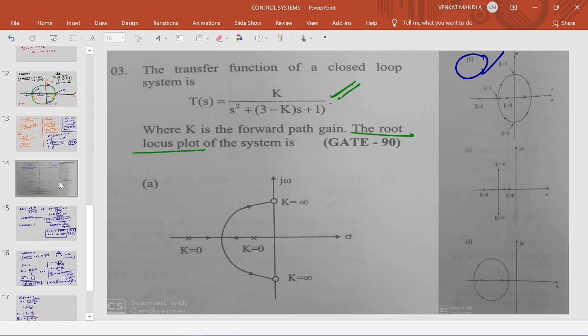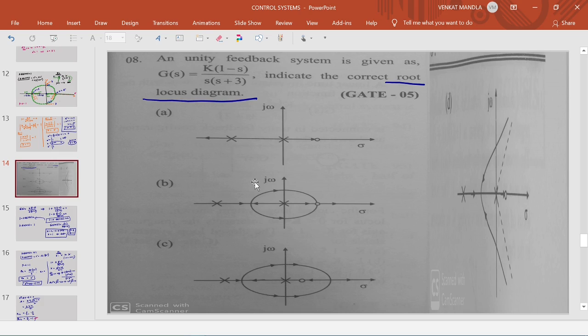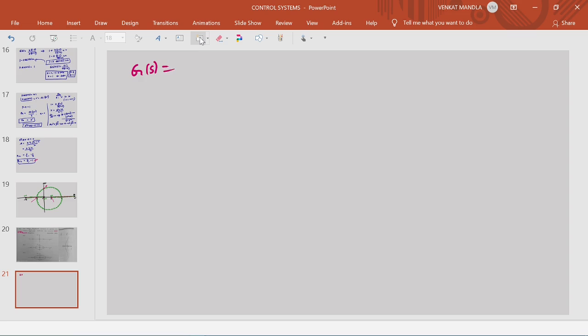For the second problem, I will draw the complementary root locus. How will it look? In place of root locus, I'll put complementary root locus. If he asks for the complementary root locus diagram for this open loop system with negative feedback, G(s) is k (1 minus s) by s into (s plus 3).